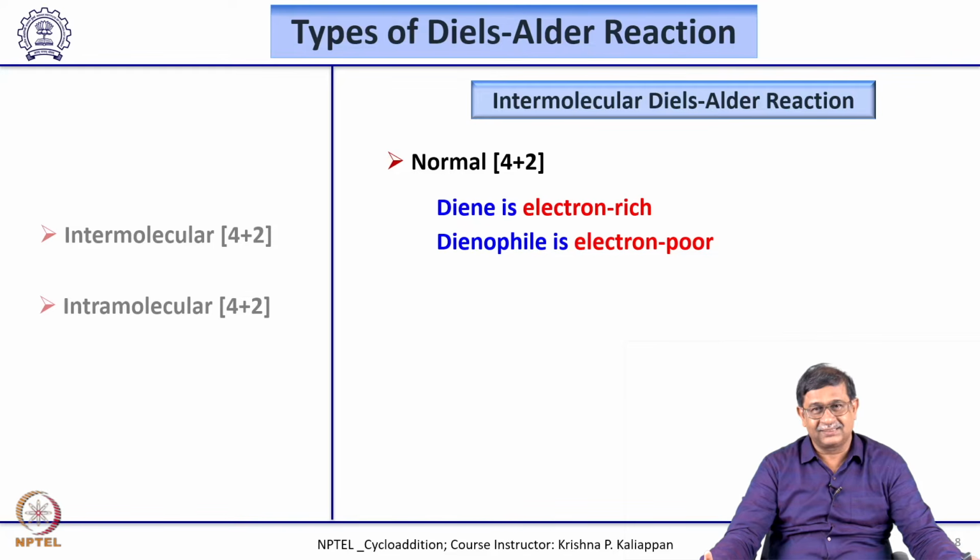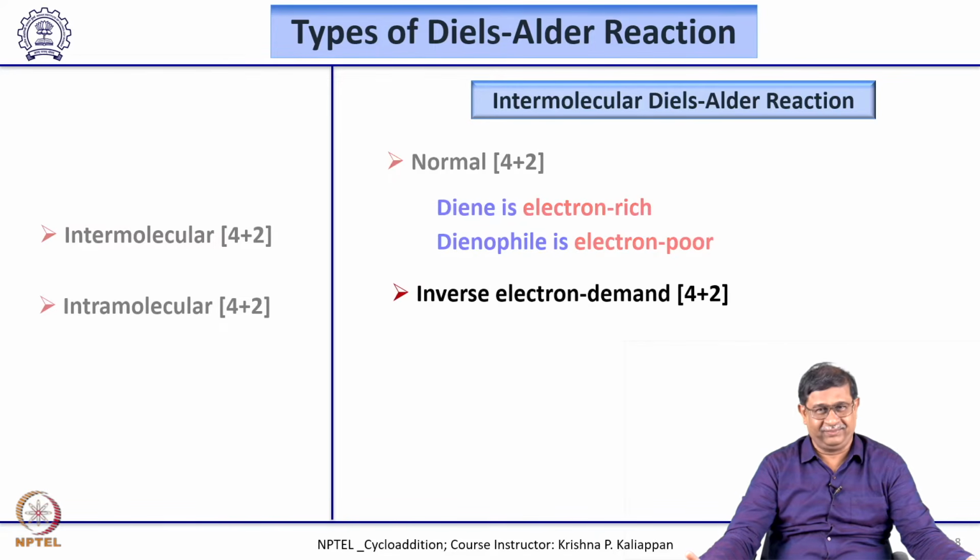Or in other words, the diene should have electron donating substituents attached, whereas an electron withdrawing group should be attached to the dienophile. The second type, since we talk about normal, should be exactly opposite, that means abnormal.